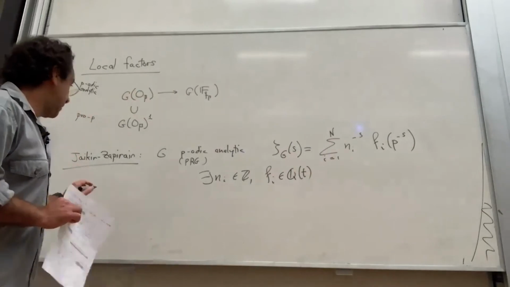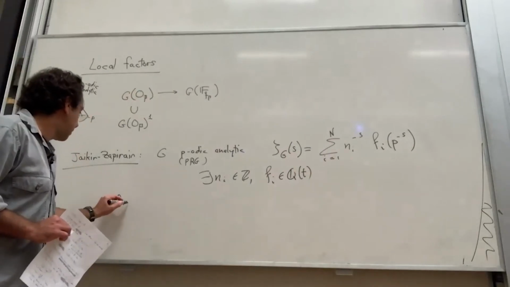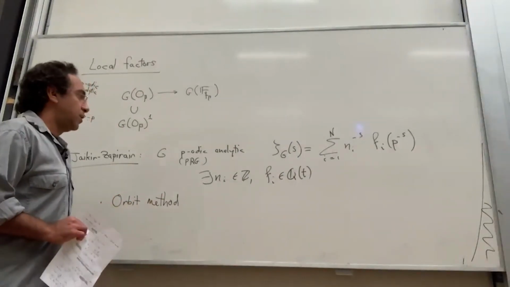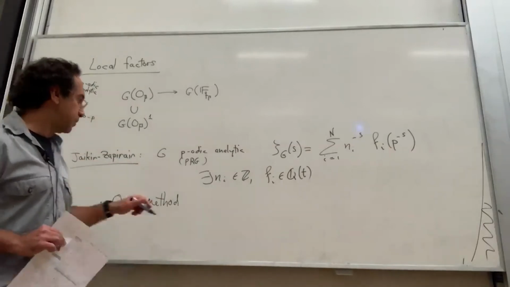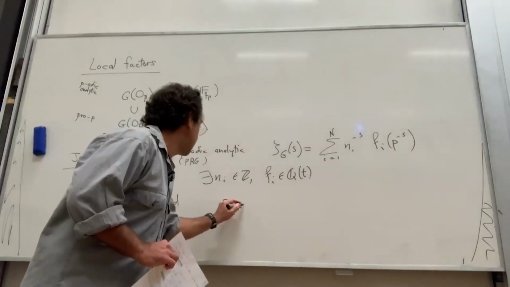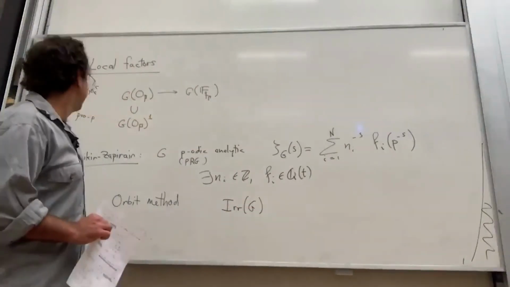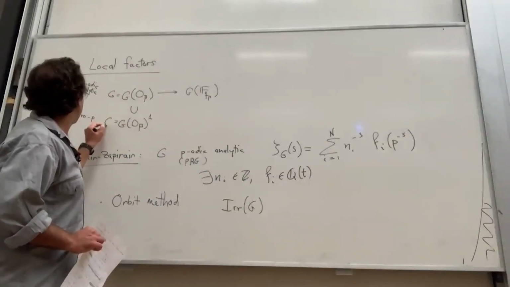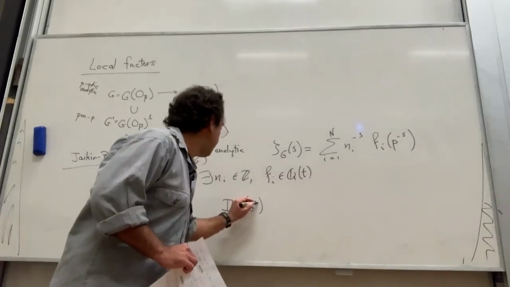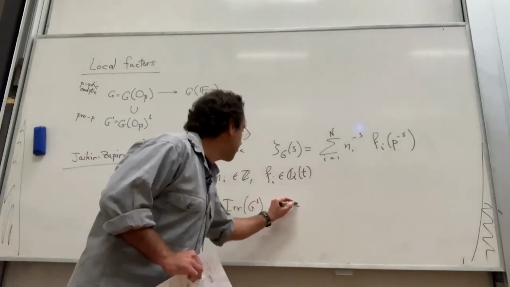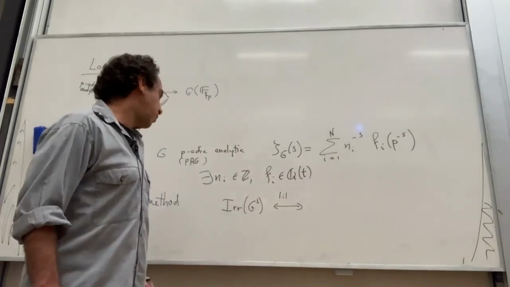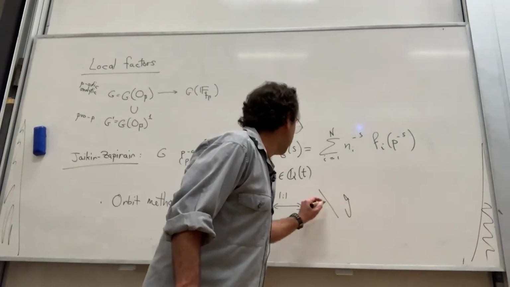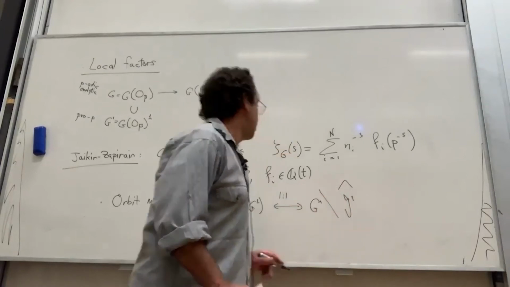So the idea is first to use the orbit method. The orbit method in this context of pro-p groups says that the continuous irreducible representations of such a group, and by such a group I mean this congruence subgroup, are in bijection with coadjoint orbits of G on the Pontryagin dual of the Lie algebra.